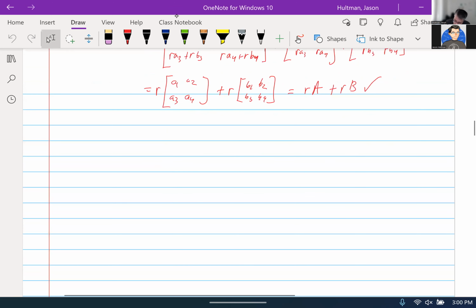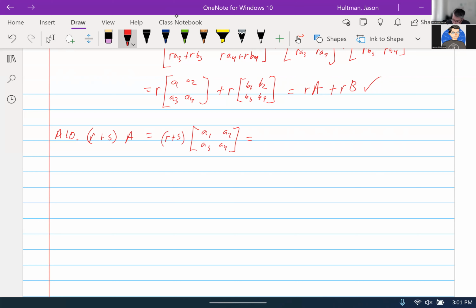Okay, and the last one, A10. R plus S, where R and S are scalars, times A. So let's go through this one. This is equal to R plus S times A1, A2, A3, A4.